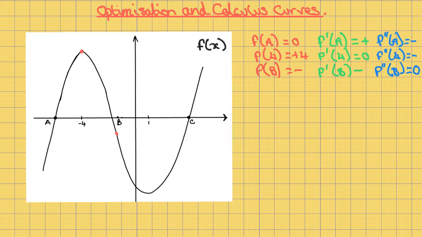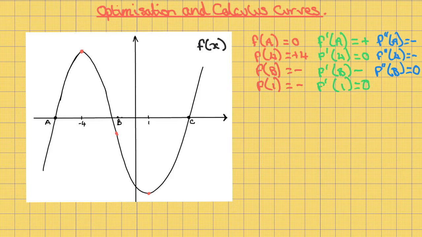Now if we move along to our fourth point, 1, so f of 1, well, it is clearly below the x-axis, so the value of f of 1 is negative. F dash of 1, well, if you draw your tangent line again, it is clearly horizontal, so we have a gradient equal to 0.